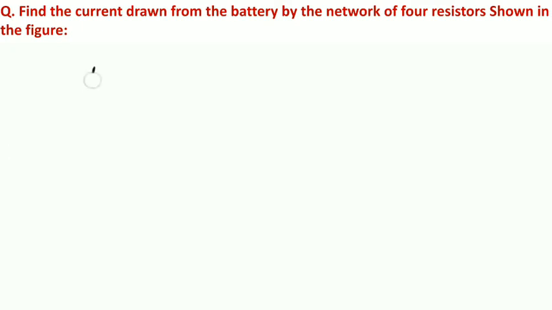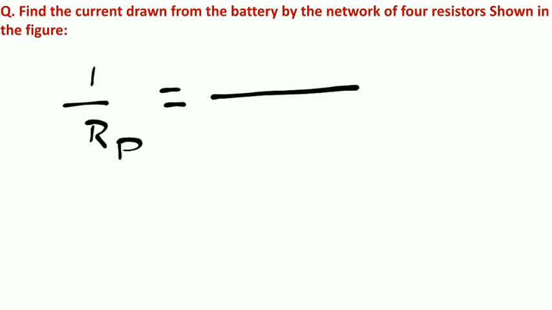So 1 upon Rp is equal to, let us take the LCM. The LCM of 30 and 10 will be 30, and here will be 1 and here 3.